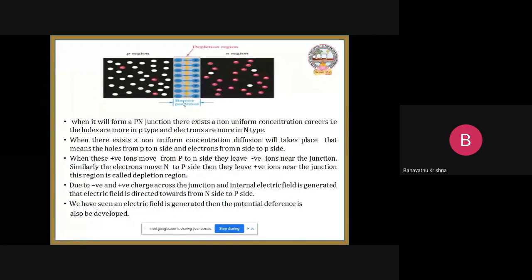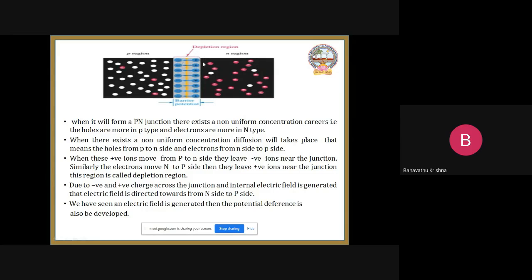Similarly, we can say it is a barrier region. Let us observe here. These are the negatively charged particles, and these are the positively charged particles formed near the junction. So an electric field is generated, and due to this electric field, a potential is formed here. This is the negative polarity and here it is the positive polarity.